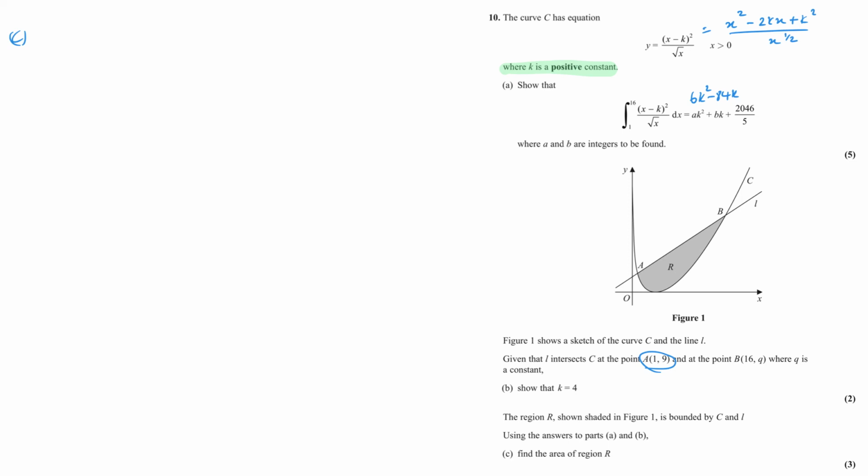So part C now, we can work out the equation of the curve. It's x minus 4 squared over root x. And then we can find out what point B is. So x equals 16, y equals q. So q equals 16 minus 4 squared over square root of 16.